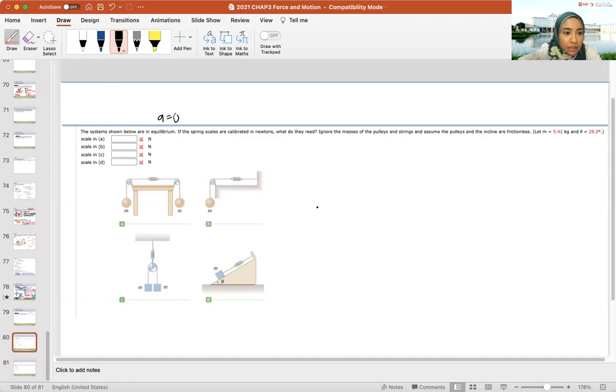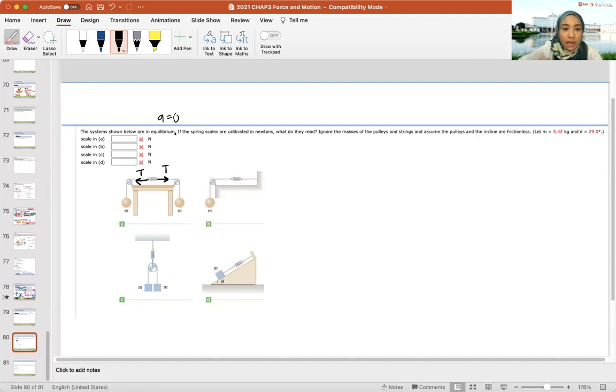Okay, so it's measuring the weight. So apa yang kita measure sebenarnya kat sini is we are measuring tension. So remember I told you, saya tak cerita lagi. So when we have a spring system yang measure weight, dia sebenarnya measure tension sebab dia connected to a string.